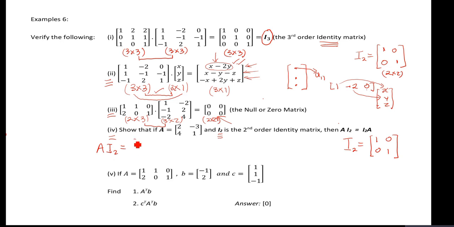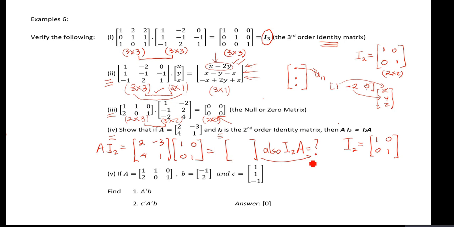It means take A, which is 2, minus 3, 4, 1, multiply it by 1, 0, 0, 1, and get an answer, which of course is going to be a 2 by 2 answer. And also do the same, but now do it with I2 first. And the answer you get from here must be the same as that.